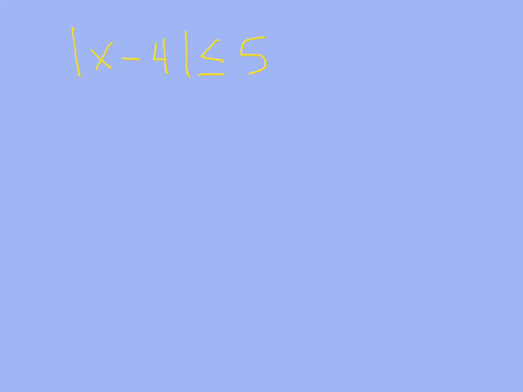Here's another example. The absolute value of x minus 4 is less than or equal to 5. So once again, we get our number line and we put our center. In this case, it would be positive 4. And then we're looking for the values that are less than 5 away.